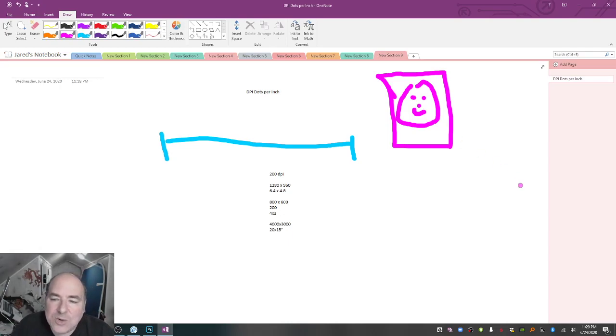When you scan, what you're asking the scanner to do is, how closely are you going to look at the image? If you scan the image at 100 DPI, that means that every inch of the image you're going to extract 100 dots. If you scan at 1000 DPI, that means every inch of the picture you're going to scan at 1000 dots.